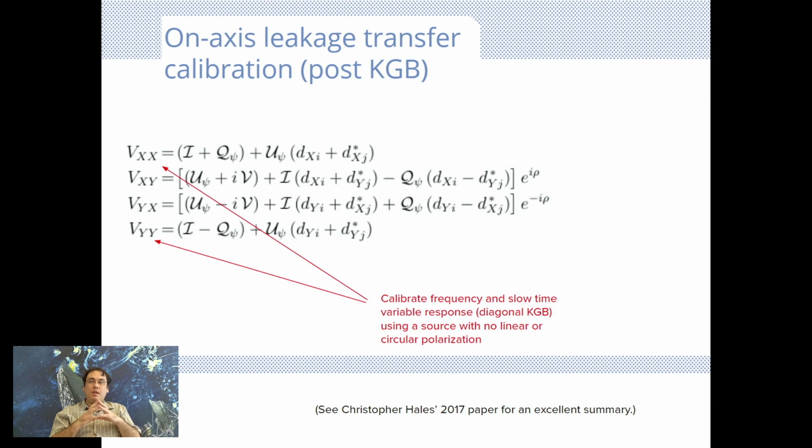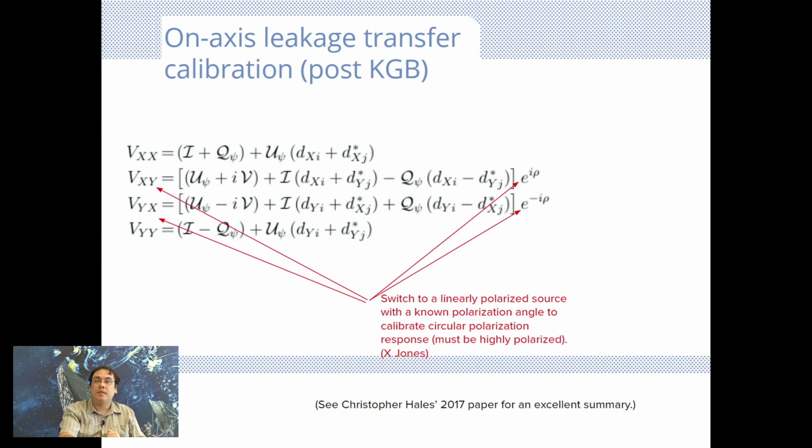Now, what we typically do is we focus on an unpolarized source to calibrate the diagonal of our Jones matrix. Then we calibrate it both in frequency and in time, with a source that has essentially no linear or circular polarization, so a completely unpolarized source.